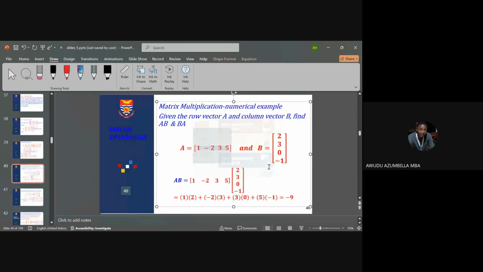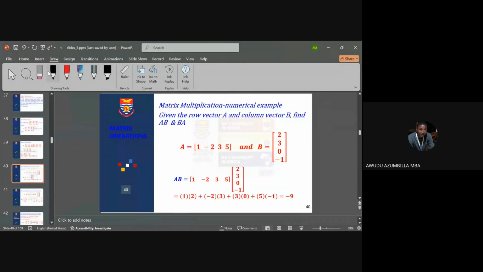So how do we do the multiplication? Once the rows are equal to the columns, then we can multiply each one by each one.